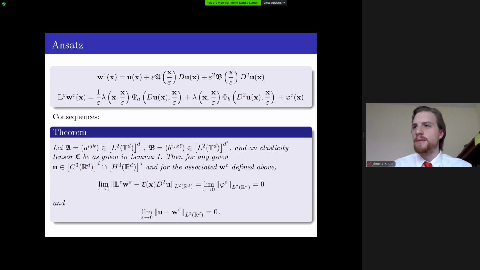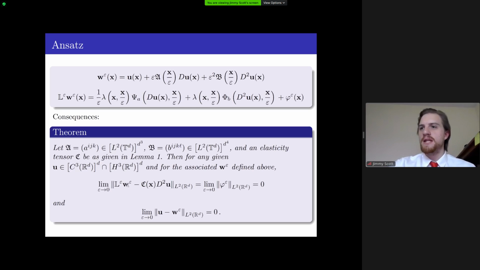And so let me just skip ahead to show that the ansatz plugged into L epsilon, as epsilon goes to 0, if you subtract this c of x times the second derivative of u here, indeed goes to 0. And of course, because u of x is some expansion in terms of epsilon, then W epsilon minus u will also converge to 0.